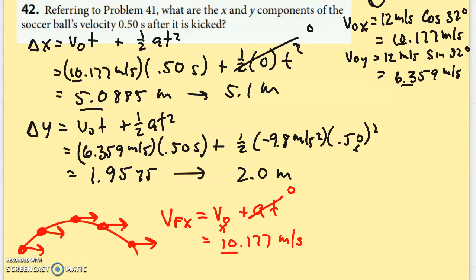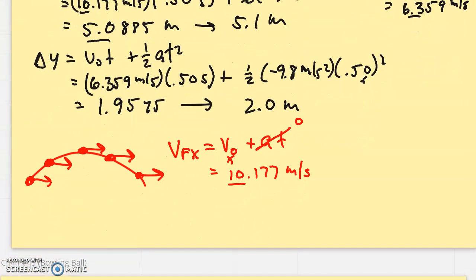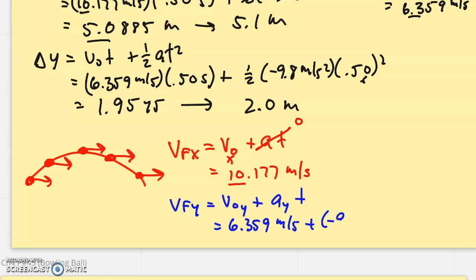Now in the y direction, it's a little bit more of a calculation. So in the y direction, I'm going to say that the final velocity in the y is the initial velocity in the y plus the acceleration in the y times the time. None of those are 0. The initial velocity in the y was 6.359 meters a second plus a negative 9.8 meters a second squared, and the time is 0.5 seconds.